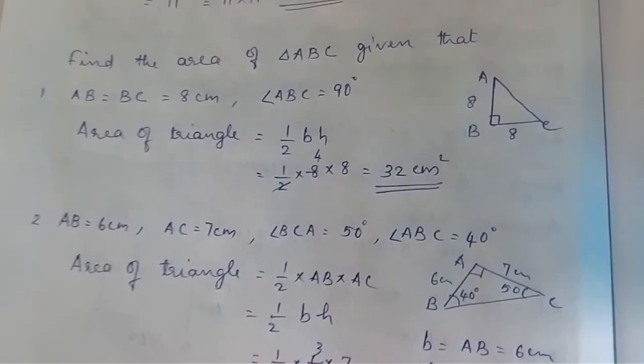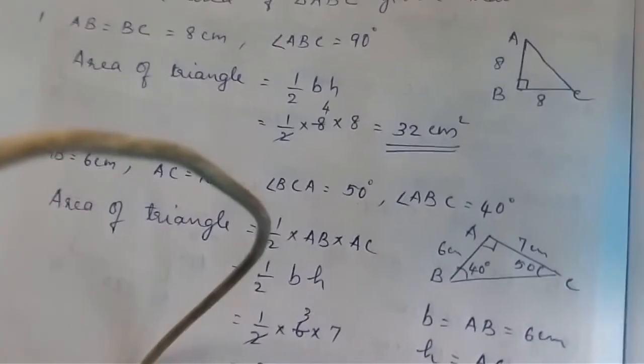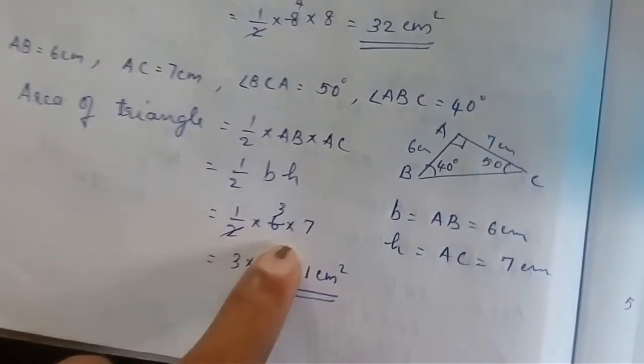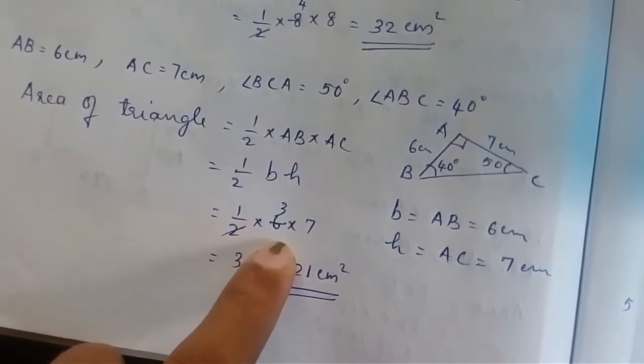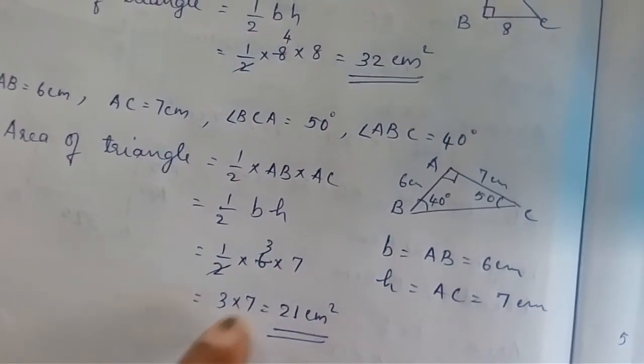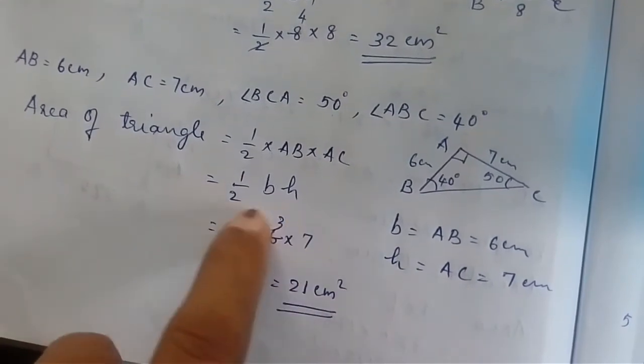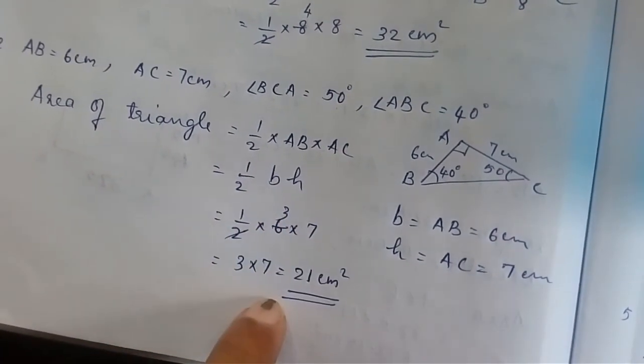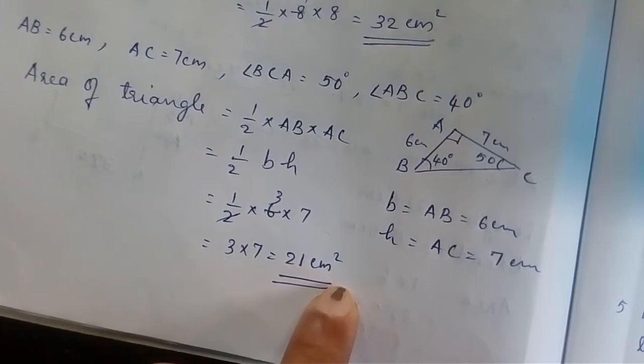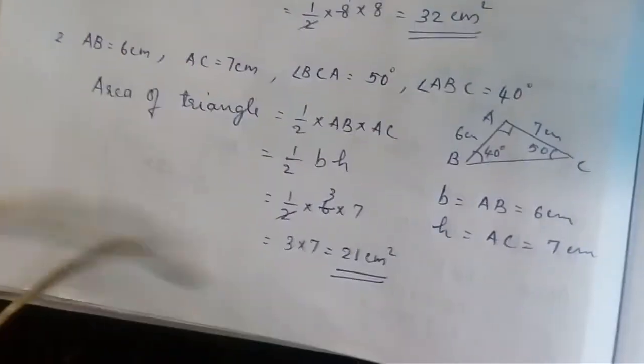So if you are multiplying like this, there will be no mistake in it. Okay, then after cancellation you can multiply the remaining in the numerator, and again don't forget to write the square unit, that is centimeter square. Okay.